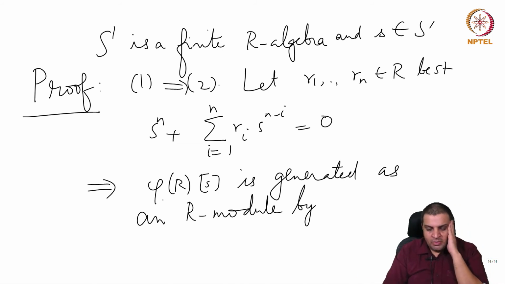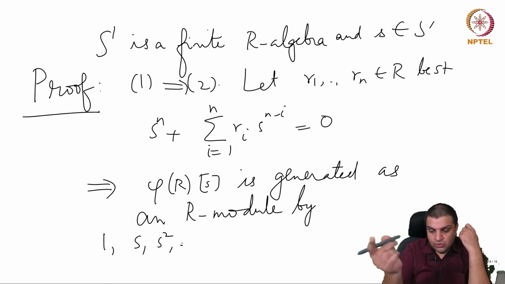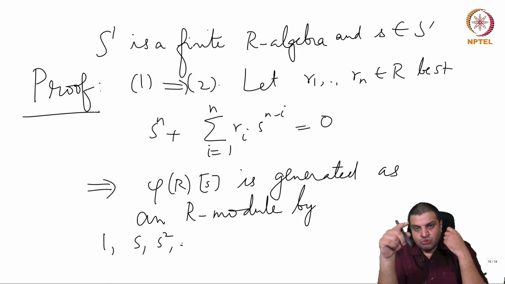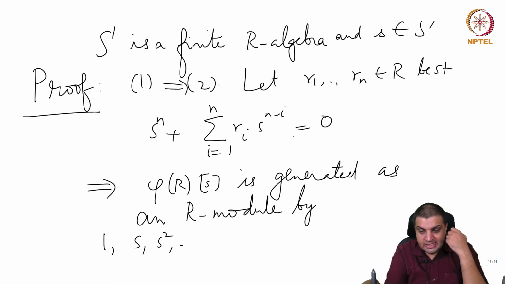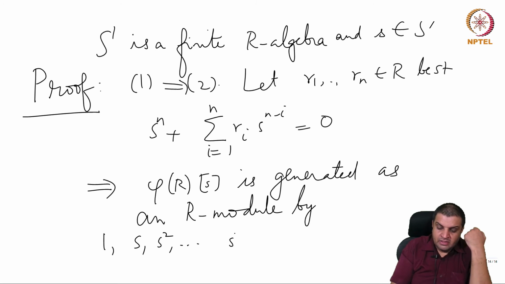If you have a polynomial ring, let's say k[x], it is generated as a module by the powers of the variable. So here it will be generated by 1, s, s squared and so on, but as soon as we see an s to the n, we can use this expression to bring that degree down. Okay, so this is generated by up to s to the n minus 1.